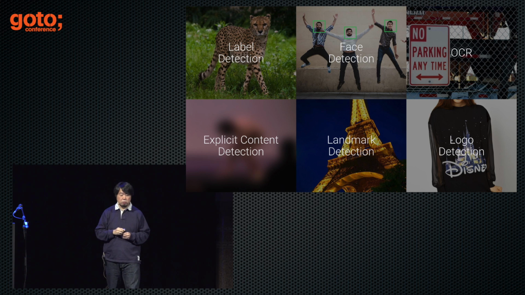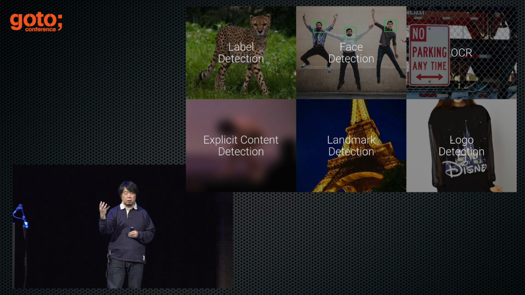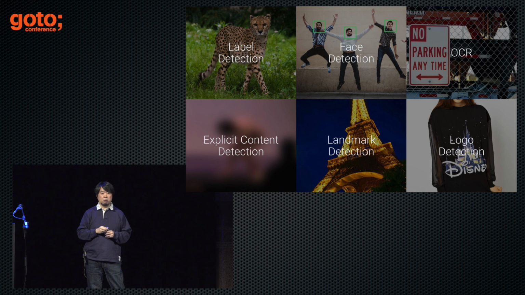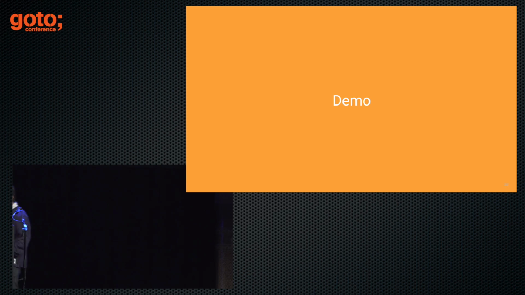Explicit content detection means that you can check whether the images contain adult or violent content or not. Landmark detection can detect the location of images of popular places, and you can also detect product or corporate logos. Let's take a look at the demonstration.